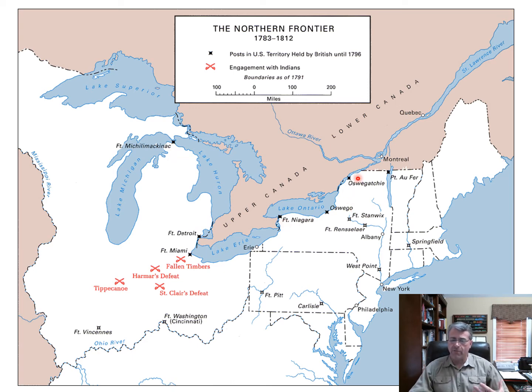So there's a lot of questions being raised here about the presence of these British troops. The reality of the situation is that the protection of the frontier was just an excuse that England was using to keep these forts here to protect the real prize, which was a lucrative fur trade that England had with the Native Americans living in this region.